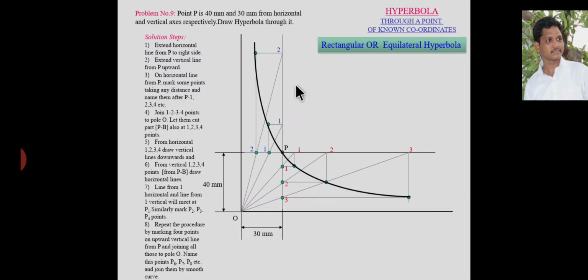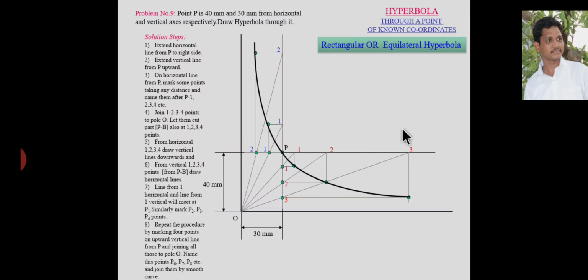In this question you have to construct a hyperbola by using the given point P, at a distance of 40 mm from the x-axis and 30 mm from the y-axis.